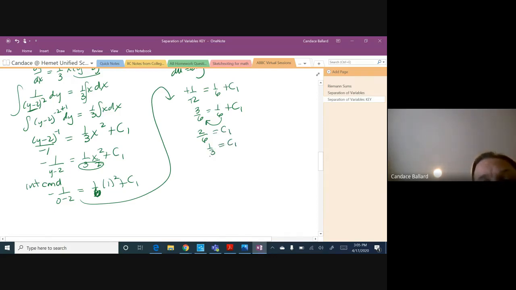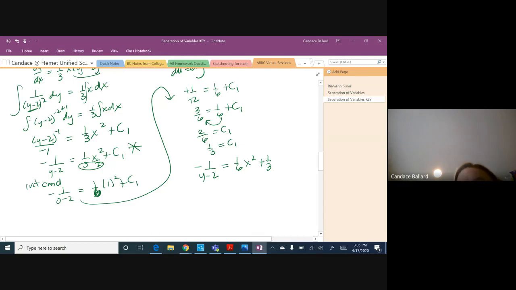I'm now going to take that, and I know this is where I'm drawing arrows everywhere. I've got to plug that back into this guy right here. So I've got negative 1 over (y minus 2) equals, instead of the 1 and the 2, I'm going to make that 1/6 x squared plus 1/3.